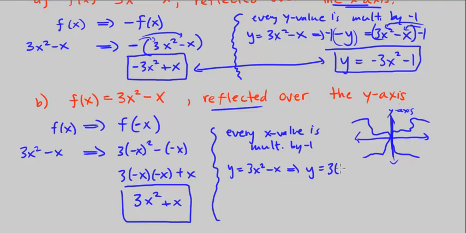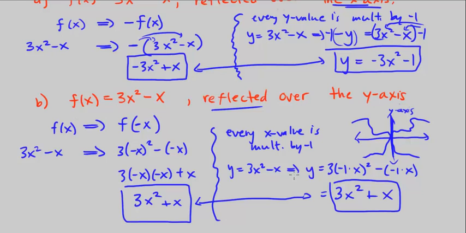We get y = 3(−1·x)² − (−1·x). Simplifying, (−x)² is negative x times negative x, which is positive, because the negatives cancel out. Here again they cancel out, and we get 3x² + x. You'll notice either way of thinking about this results in equivalent equations for the reflections. So that's going to end our CPM Precalculus Chapter 3, number 23.